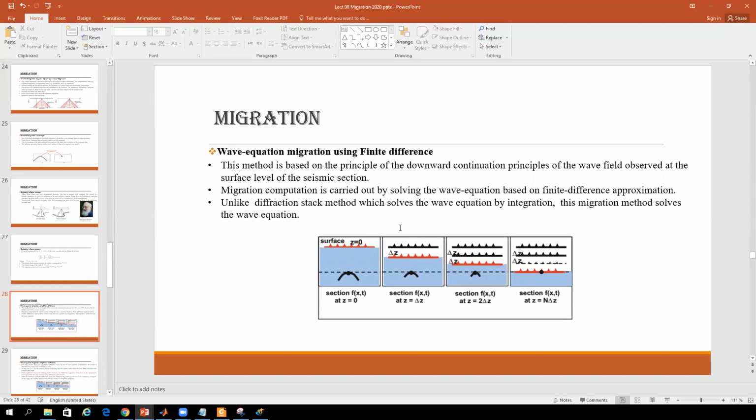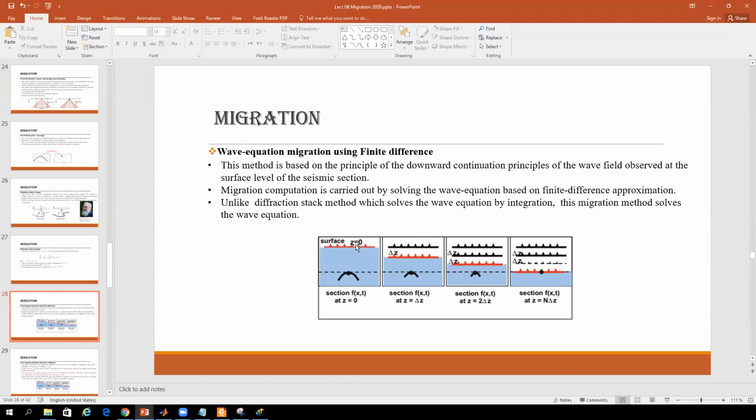We have a migration which is called wave equation migration, and this migration is using the exploding reflector theory, assuming that the seismic wave is a kind of energy which is propagating from the exploding reflector and is recorded by the geophones which are on the ground.